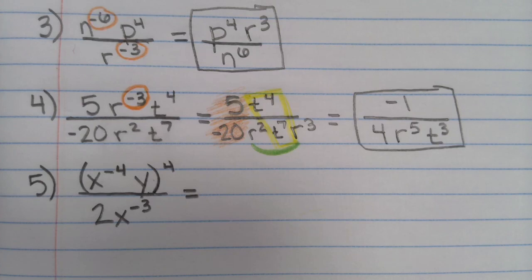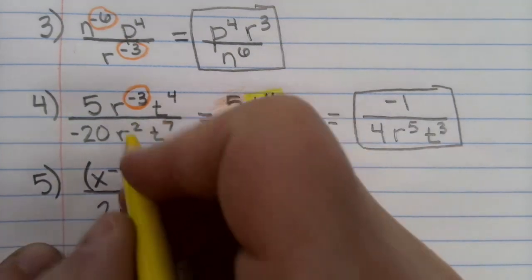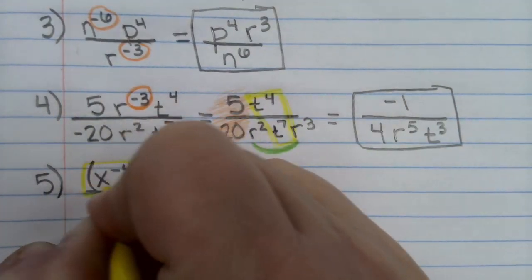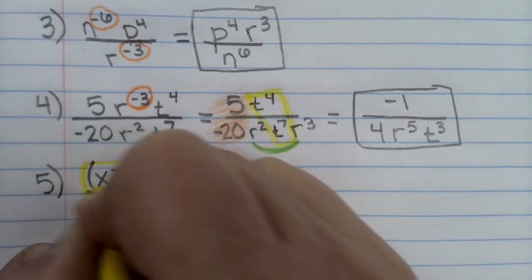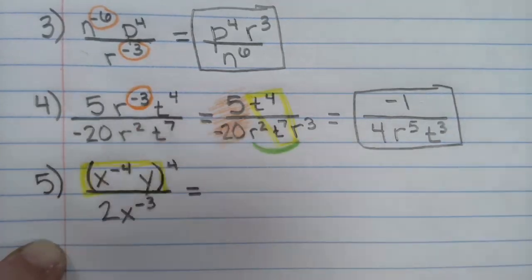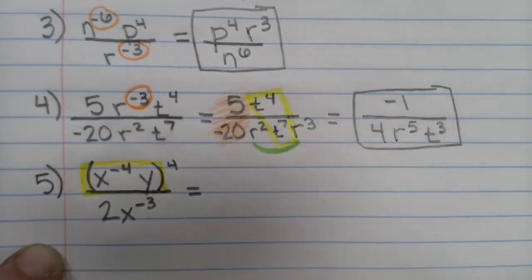Alright. What's our first thing we're going to be doing here? We need to deal with these parentheses. That's our first step, is the parentheses. And when we see parentheses, what do we do with our exponents? Multiply.